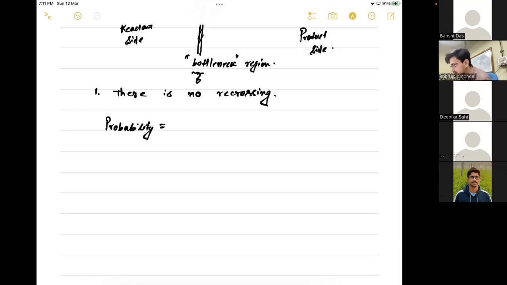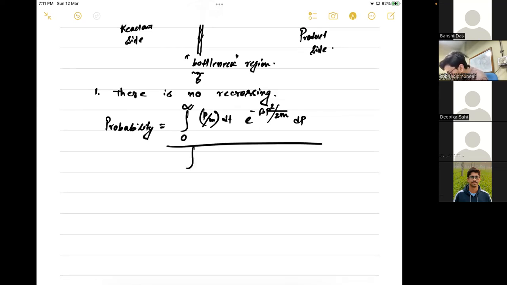So the probability is basically the integral from 0 to infinity, at time dt, of e to the power minus beta p squared divided by 2m, dp.